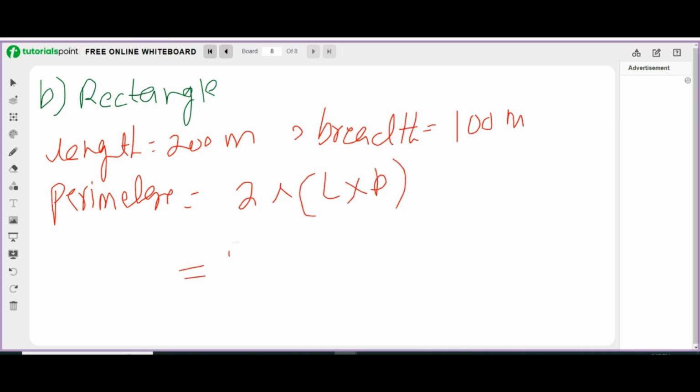So you can say 2 into length plus breadth. Yes. Then 2 into 300, that is plus between length and breadth.